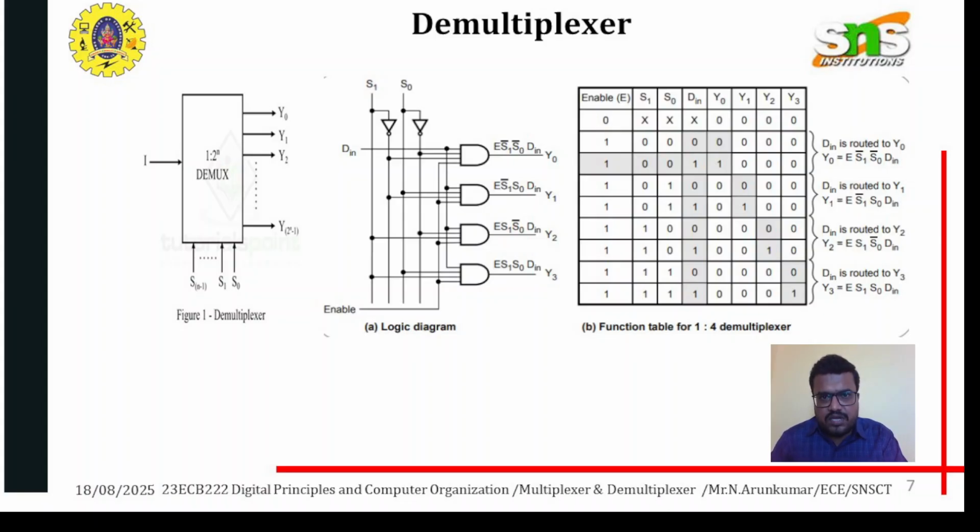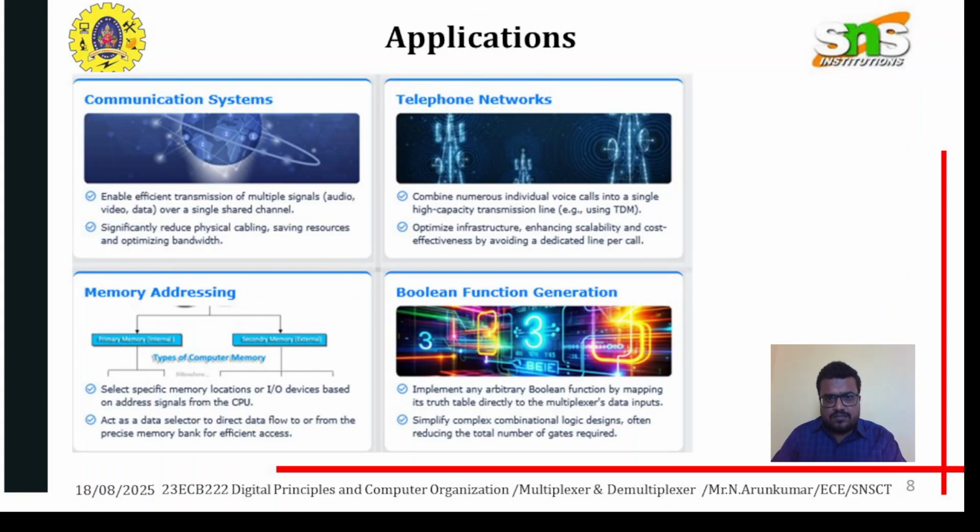The corresponding D0, D1, D2, D3 values are placed with the respective S0 bar, S1 combinations. Suppose D1 is 1, then the output value will be 1. After calculating this table, we can find the corresponding output. The output value will be expressed as binary expressions.